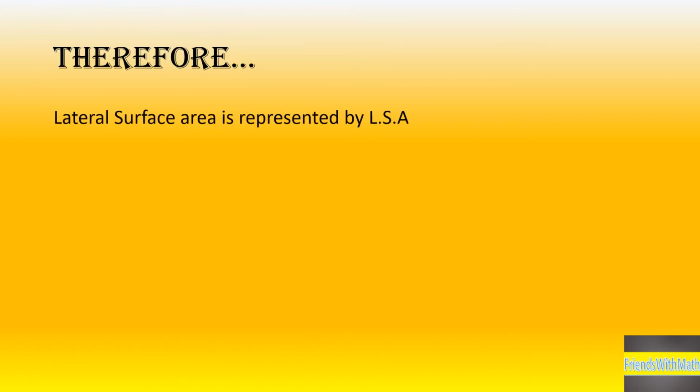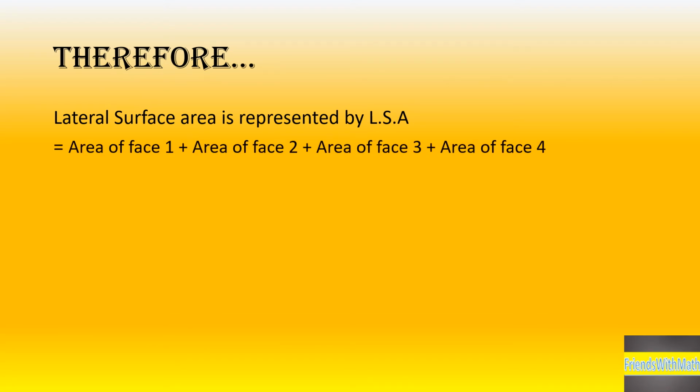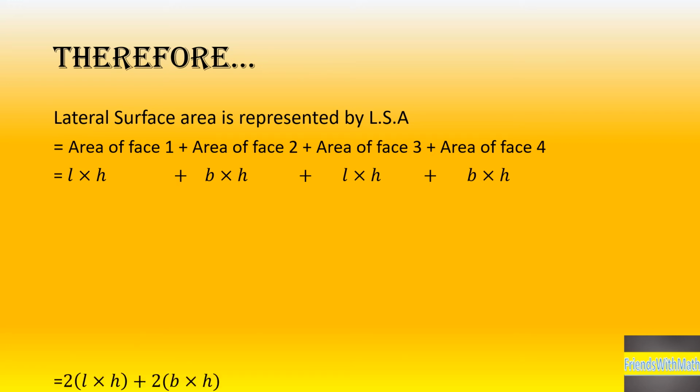Therefore, the lateral surface area is represented as LSA and it is the sum of all the 4 faces. Here we will be excluding face 5 and face 6. L into H plus B into H plus L into H plus B into H. Here if you notice, face 1 and face 3 have the same area. Similarly, face 2 and face 4 have the same area.